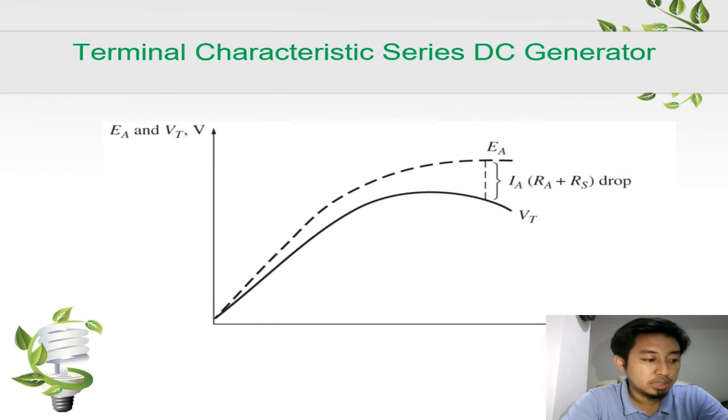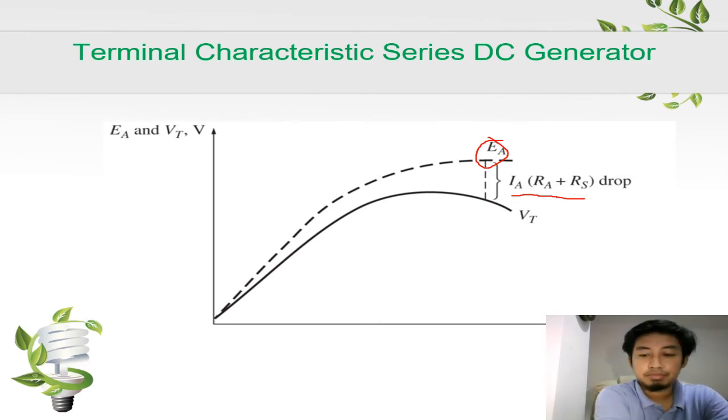As the load increases, the field current rises rapidly. At first, the increase in EA goes up more rapidly than the IA RA plus RS drop, so VT increases.